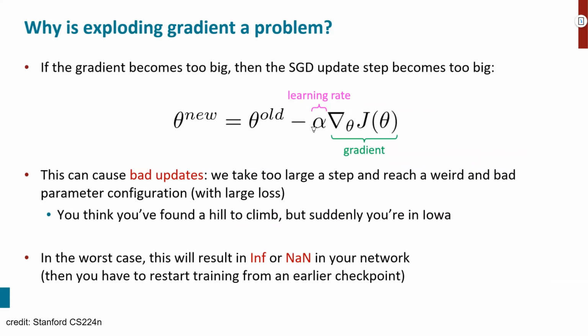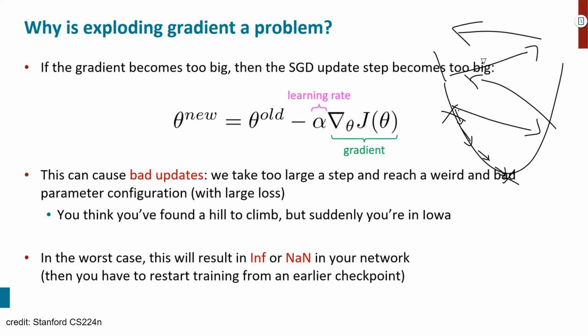And why is exploding gradient a problem? We saw this in the previous sessions. For example, we are updating the parameters following this loss plane. Then if the gradient is very big, then rather than going to the minimum point like this, it will go like this. We saw this example in the previous sessions.